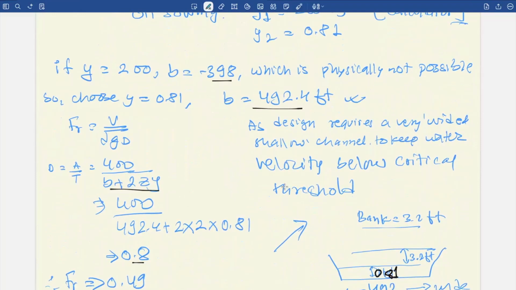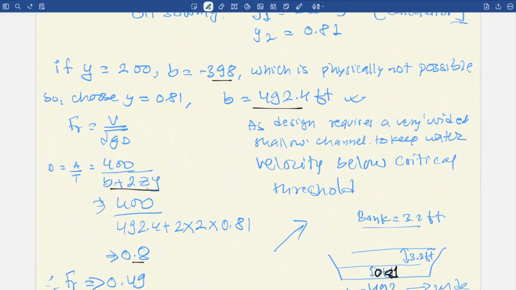And also notice one thing, we assumed y is less than 3 feet, and that is verified because our y is equal to just 0.81. And let us also check the Froude number.